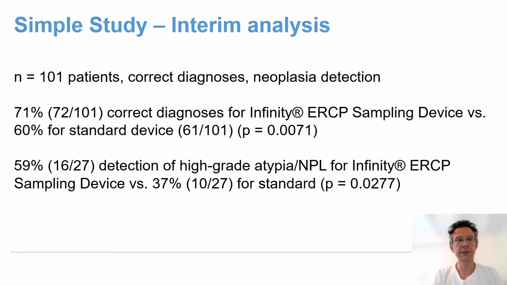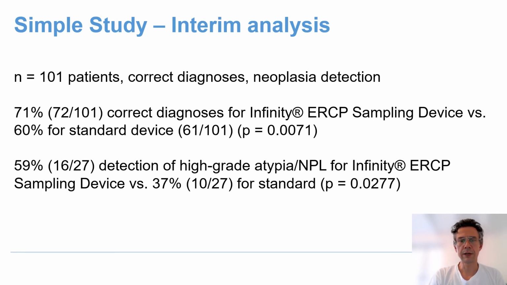As far as correct diagnoses are concerned, in 71%, or 72 out of 101 patients, we found the correct diagnosis for the Infinity ERCP sampling device versus 60% for the standard device, which means 61 out of 101 patients. This was a significant difference between both brush devices.